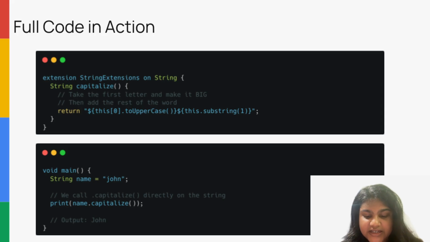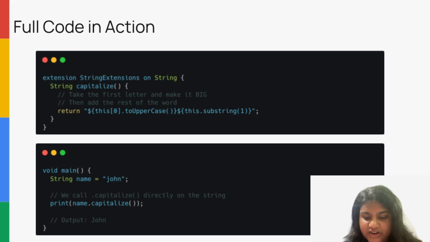In an extension, this refers to the instance of the object you're calling the method on. You have access to all the public properties of that string. So what we are doing in this code is writing an extension which is StringExtensions on String. Inside, we write a function that takes the first letter, which is marked by this[0], makes it uppercase and adds the rest of the substring to it.